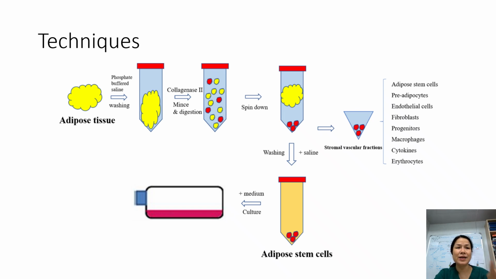Then you put it in cell culture. You remember doing cell culture in our lab work? The MSCs stick on the surface, and you grow them after a few passages. You collect them and send them to the QC lab. They check whether they are really MSCs, and then we can apply them in our medical treatment.